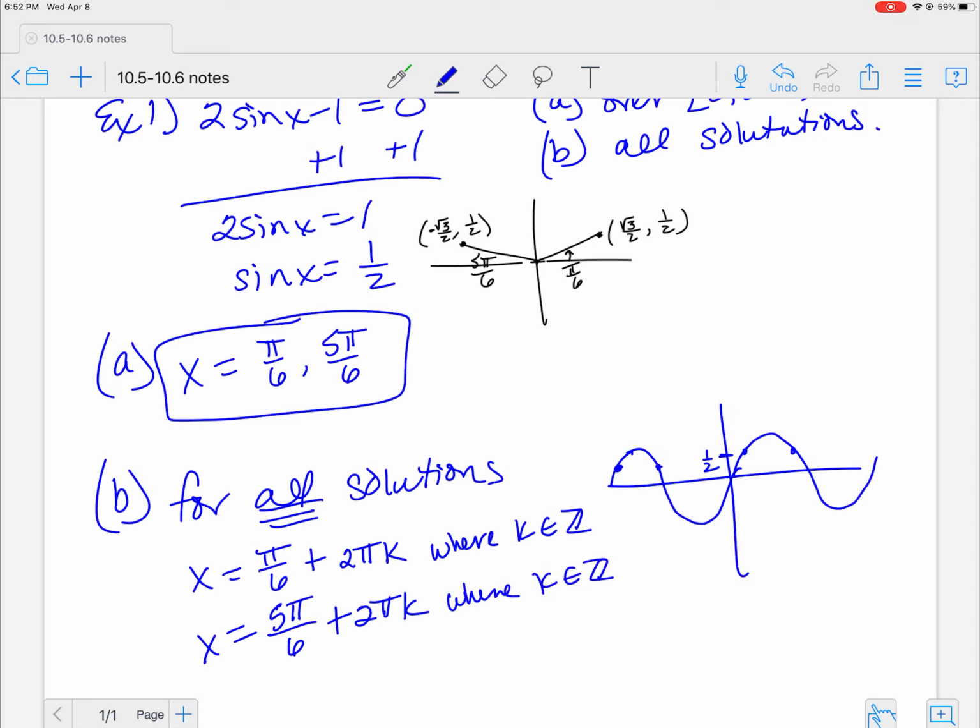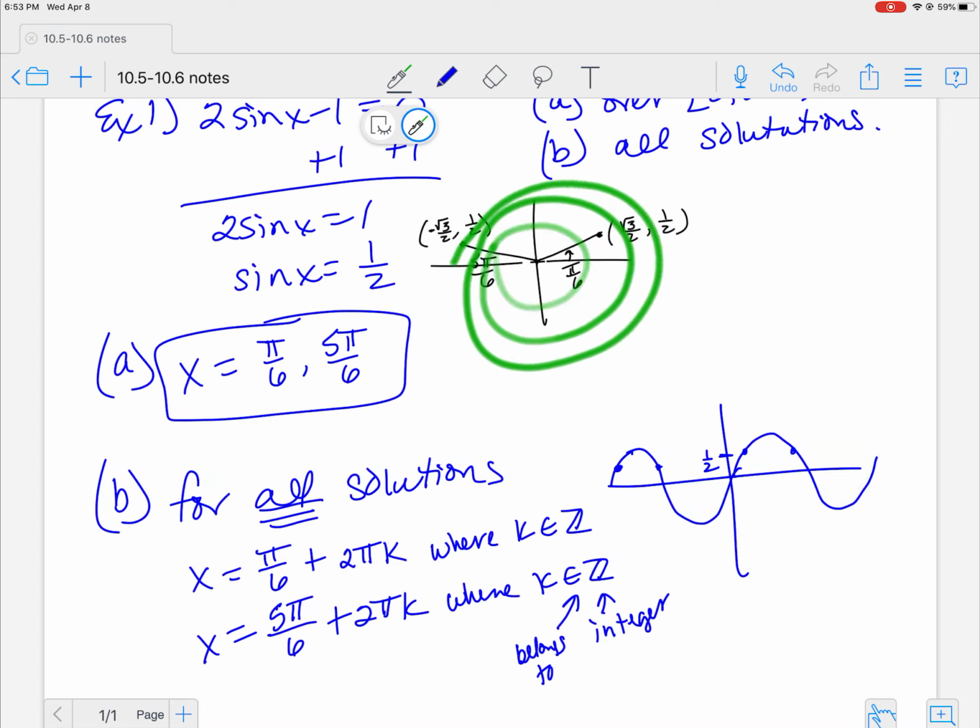However, I still have this 5 pi over 6 too, which is also periodic. So x equals 5 pi over 6 plus 2 pi k, and you have to define k as an integer, where k belongs to the integers, same as our notation.